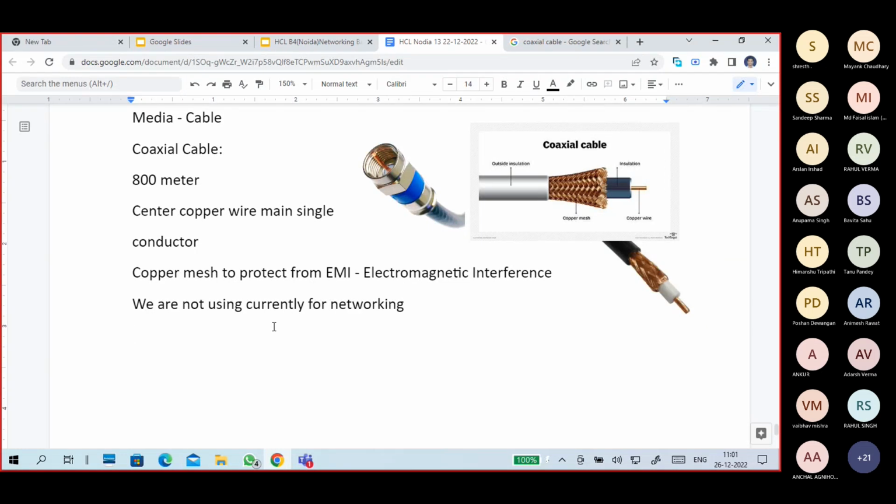In some countries like America, in earlier days, now I don't know, but earlier days they used this coaxial cable for both cable TV network as well as internet purposes. So that is a small thing about coaxial cable.